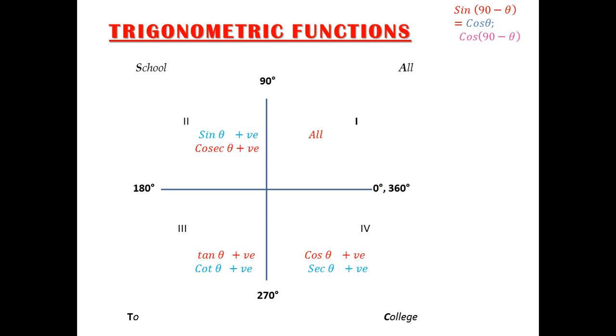Cos is positive or negative in first quadrant? In first quadrant all are positive, so cos is also positive. But we have to change because we are subtracting theta from 90. So our answer is sin theta.